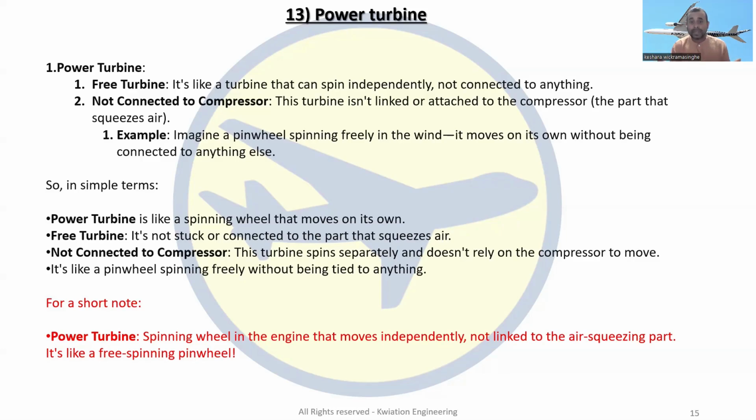This turbine spins separately and doesn't rely on the compressor to move. It's like a pinwheel spinning freely without being tied to anything. For a short note, a power turbine is a spinning wheel in the engine that moves independently, not linked to the air-squeezing part, like a free-spinning wheel.